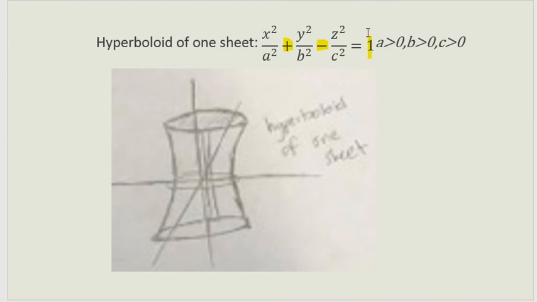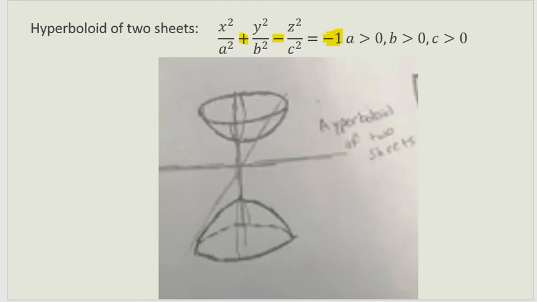The 1 is important, because if we don't have this positive 1, we're going to have this negative 1 with the plus and minus. And the negative 1 tells us we have a hyperboloid of 2 sheets, which kind of looks like our elliptic paraboloid, but there's like 2 of them.